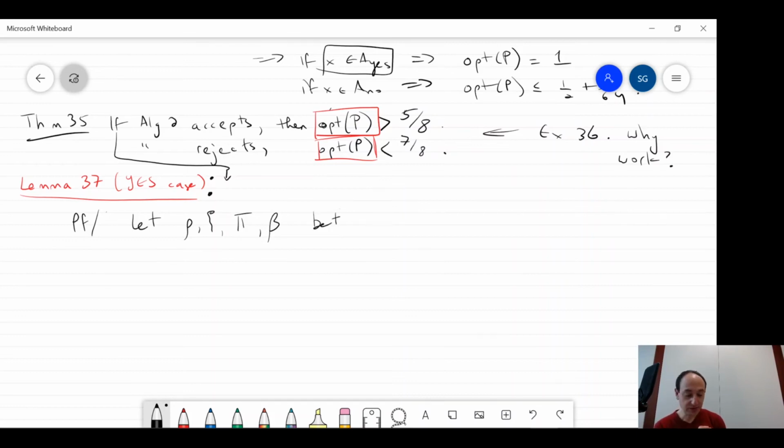These were all indexed by t before for the time step, but this is going to be the final values, rho_t, zeta_t, pi_t, beta_t. So in the last iteration of the loop, when something good happened, we accepted, we saw that the error was small, and we exited the loop prematurely.